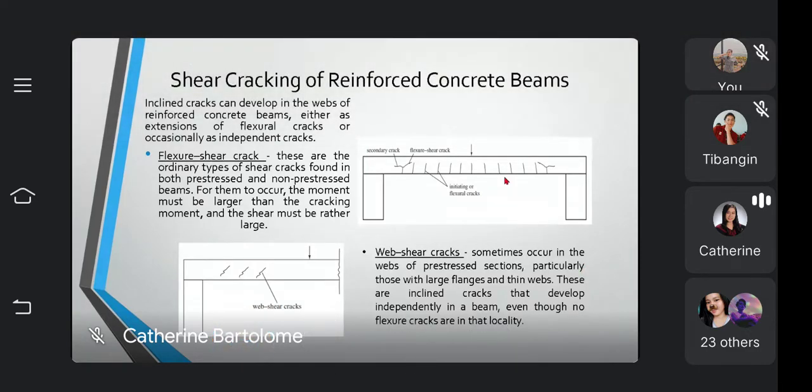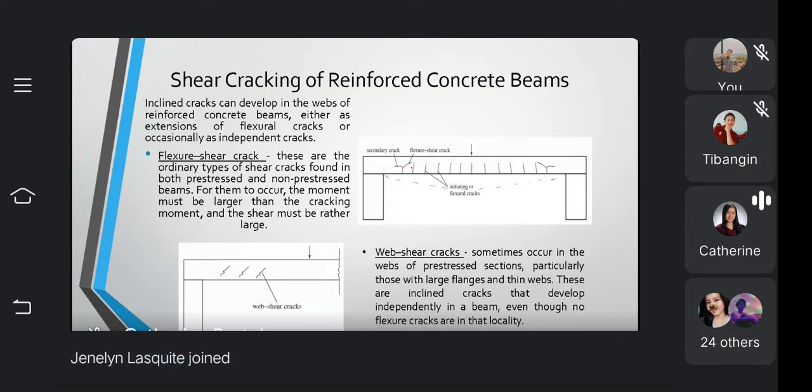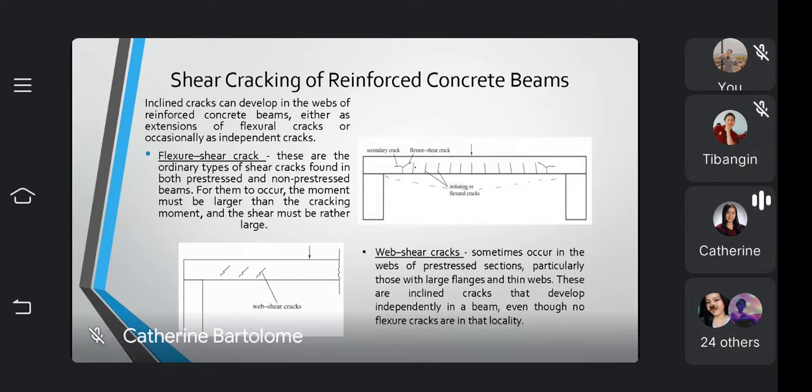If it deflects in this manner, the crack really occurs at the tension side. And it is very different for web shear cracks. These sometimes occur in the webs of prestressed sections, particularly those with large flanges and thin webs.